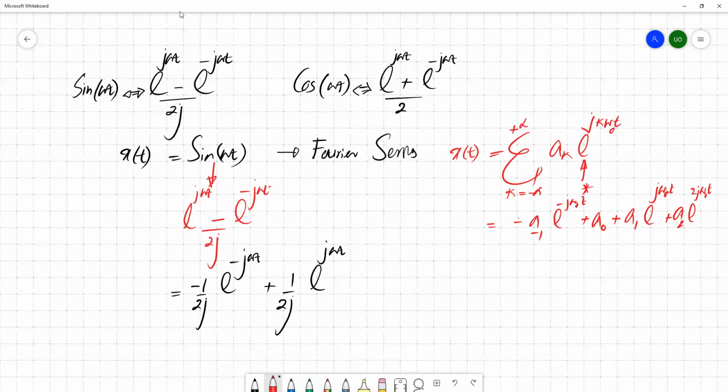By mapping these two together, we can simply identify that this refers to the term for k equals 1, and this refers to the term for k equals minus 1.